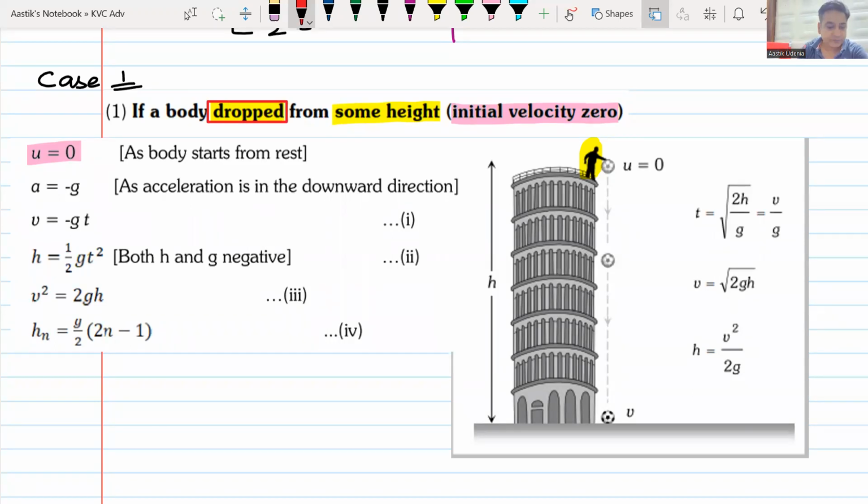If instead of a tower, it is dropped from a balloon which is moving upwards or downwards, then what is the initial velocity? Anjali, tell me, what will be the initial velocity? Anjali, can you hear me?